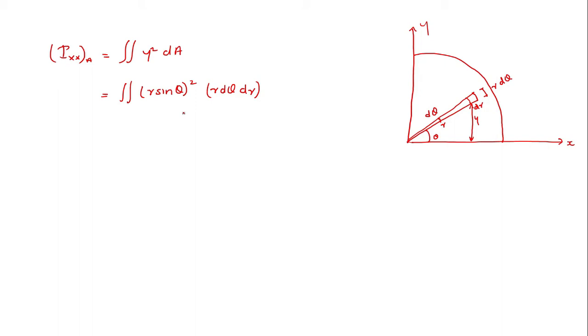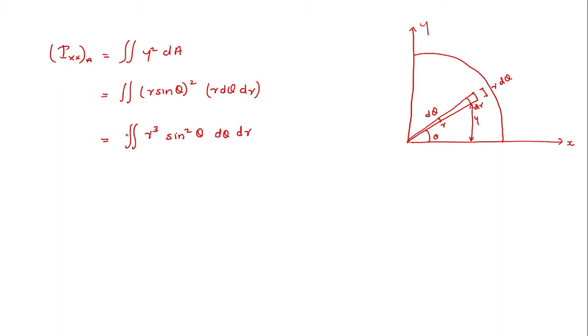Remember one thing, I have expressed dA in terms of r and theta instead of the x and y coordinates. Now solving this, I would get double integral r cube sine square theta d theta dr.